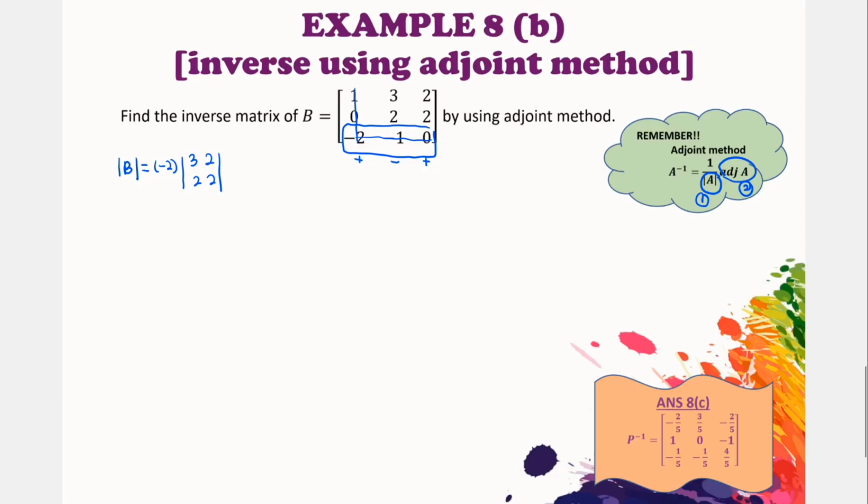Then minus our element here, negative 1, multiplied by the minor: delete the third row, delete the second column, and we get 1, 2, 0, 2. Lastly, plus 0, so I don't need to write that one. Next we calculate the values.